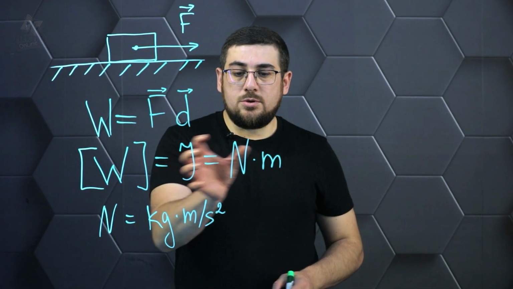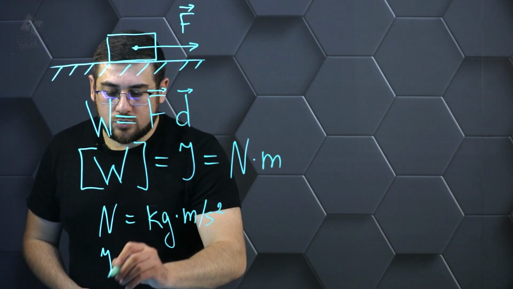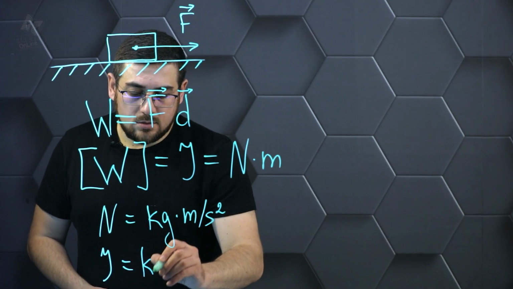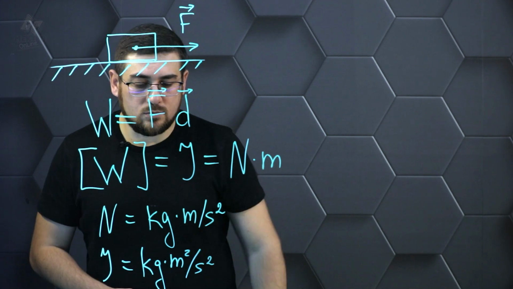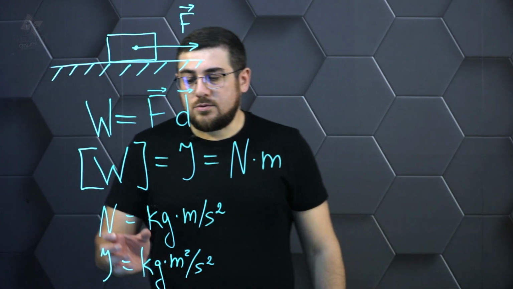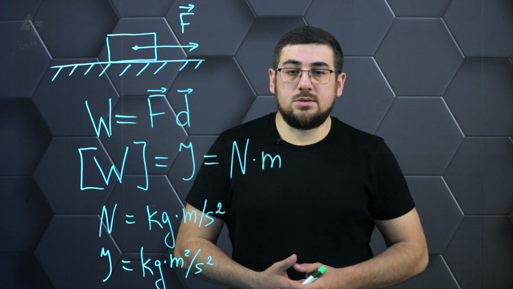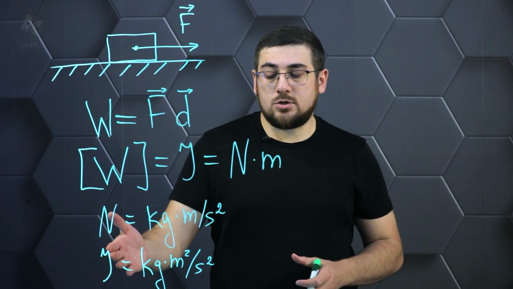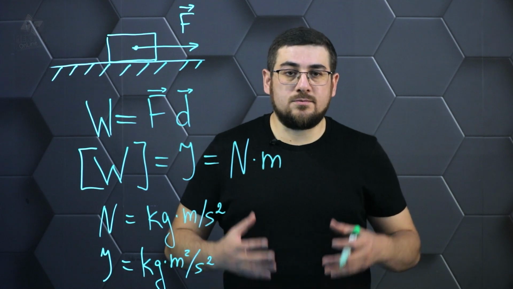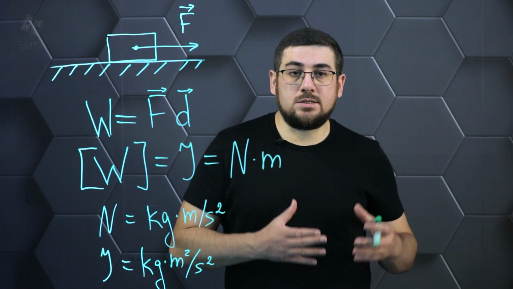Then combining these two expressions, we get that a joule is a kilogram multiplied by a meter squared and divided by a second squared. In this case, if necessary, we will use either the ready unit of measurement joule, or if we need to bring all the units of measurement to the SI system, then we will use a record of the appropriate form.